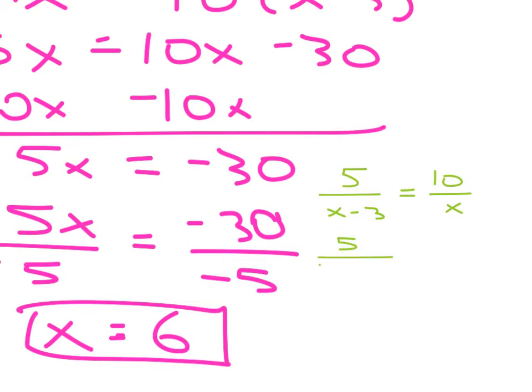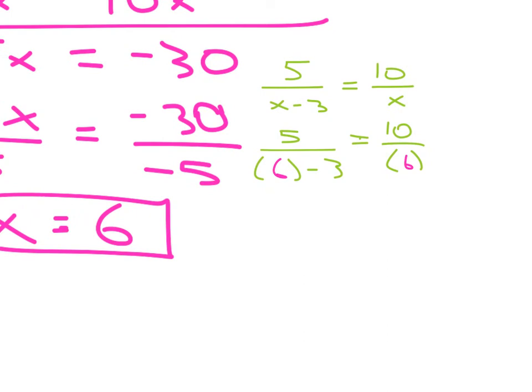And then we will say 5 over, we believe that x is equal to 6, equals 10 over 6. Okay, and let's simplify that and see what we get. Well, we get 5 over 3 equals 10 over 6.